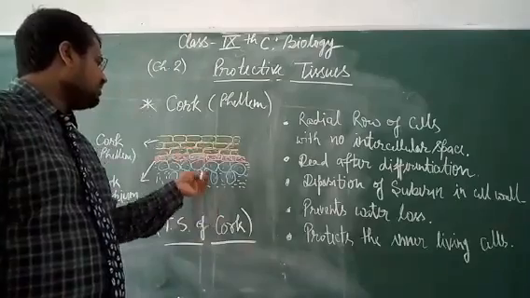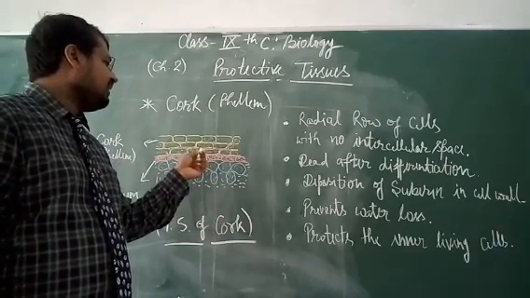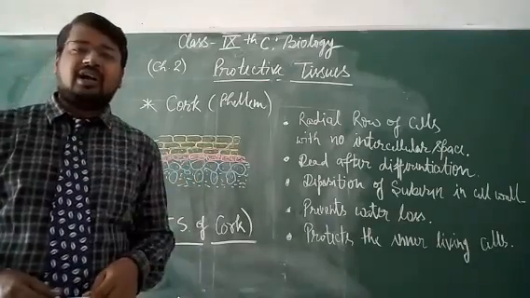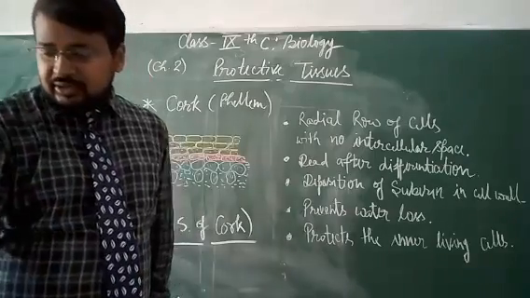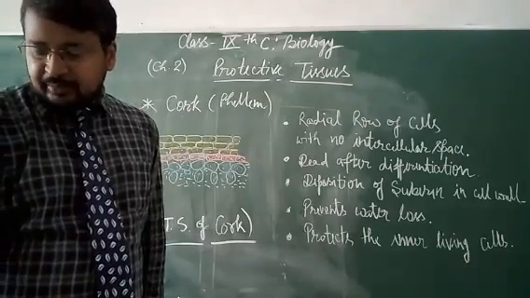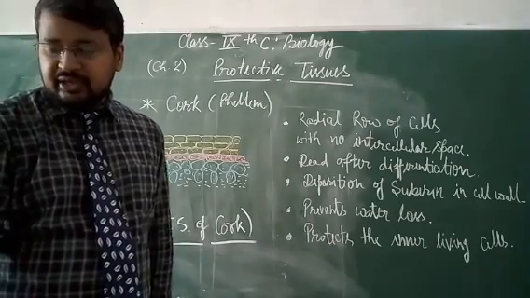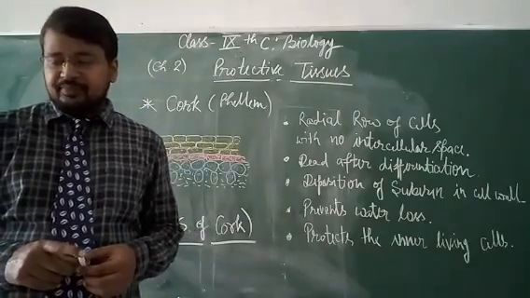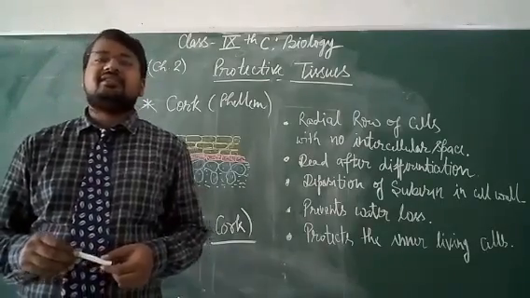In the same manner, we will study the cork cells, how there are different layers and how cork cambium and cork phellem are associated with each other. Okay. Some specific modifications are found to check the loss of water from the internal tissues and also to protect from mechanical injuries and invasion by parasitic fungus, bacteria, virus.